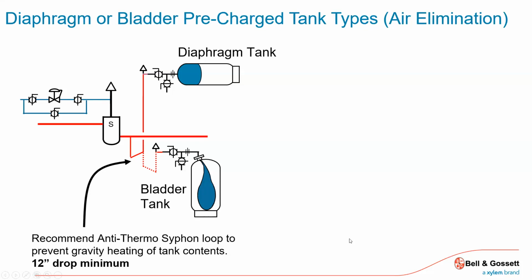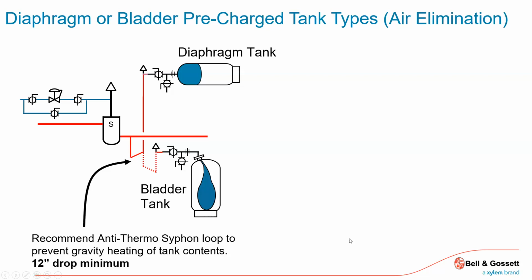Recommended anti-thermal siphon loop to prevent gravity heating of the tank contents. So this hot water, if I just put the tank right there or tied it in right there, the tank could seize that hot water. And that hot water goes in and it expands, right? And it can affect the size of the tank.